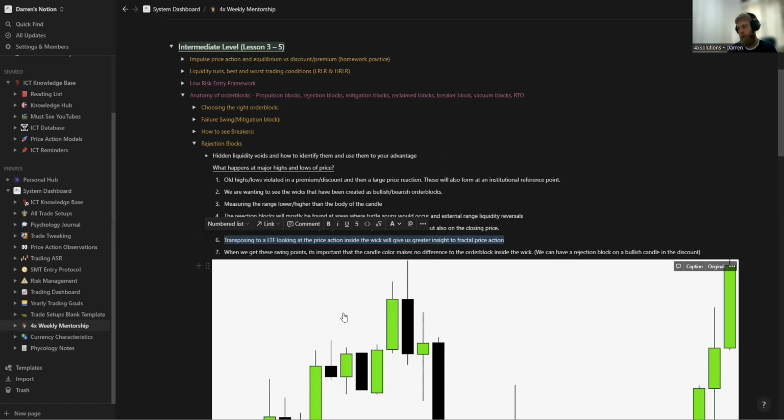But what we can say is that this applies hidden liquidity voids and how to identify them to use them to your advantage. So you probably know what a liquidity void or a fair value gap is, okay? But what you may not have known is that just like there's inefficiencies in candle bodies, there's also inefficiencies in candle wicks.